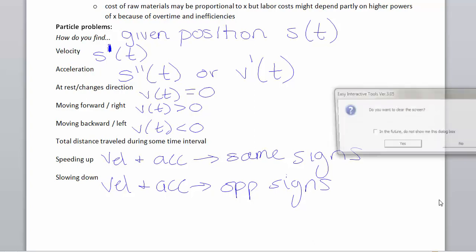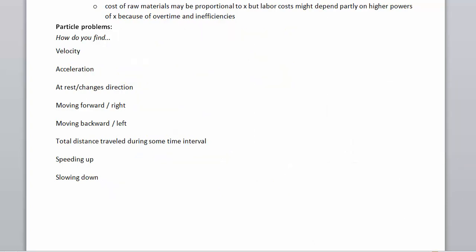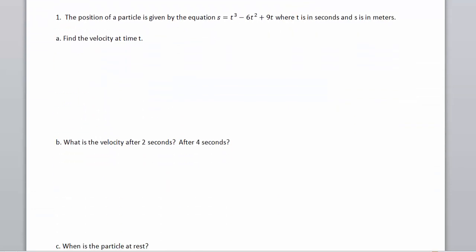Now we're going to do a problem to actually get these values. Here's the position. Like I said, most of the time you'll be given position. So find velocity. Velocity would just be the derivative of that. Position is your s, so take the derivative quickly. I have 3t squared minus 12t plus 9. There's my velocity function. What's the velocity after 2 seconds?